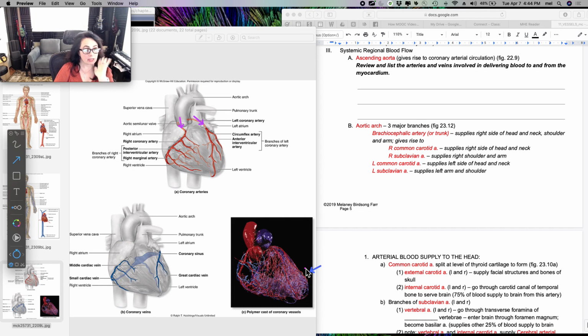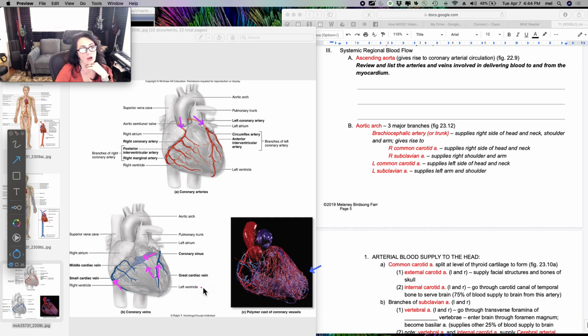And then you're going to have to bring that used blood back up the great, middle, and small cardiac veins that all dump into the coronary sinus, and then the coronary sinus dumps back into the right atrium.